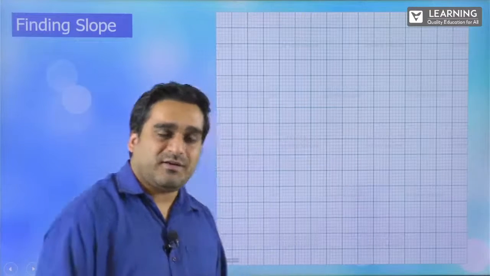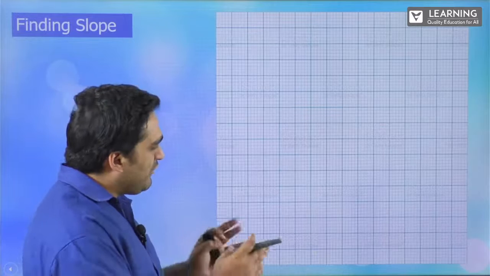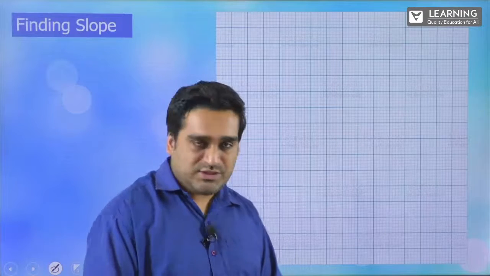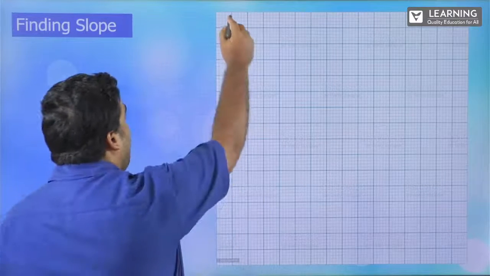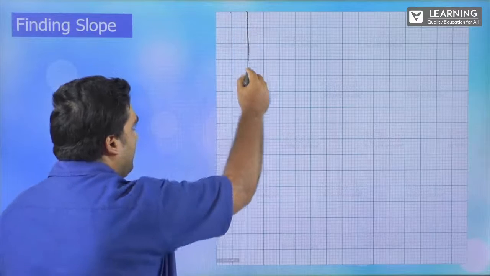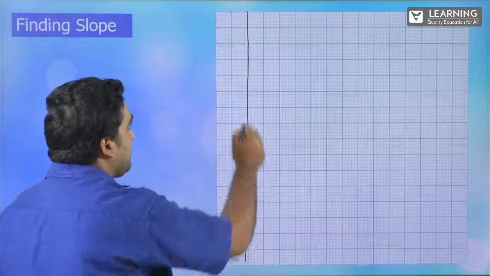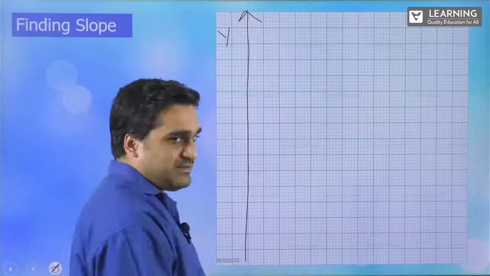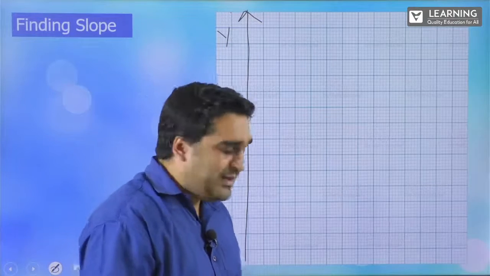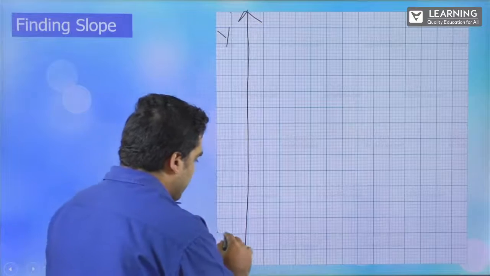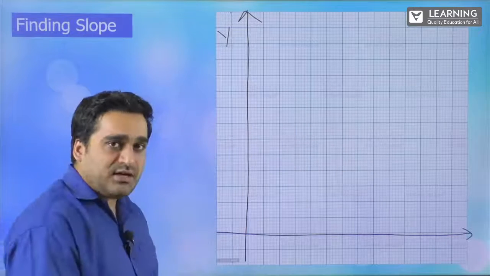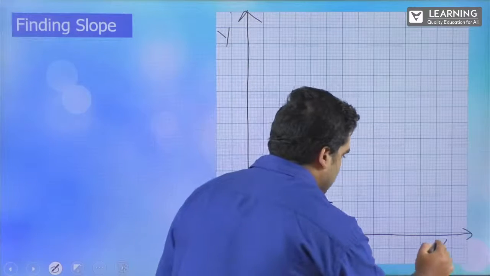So let's get started. First of all, for a given graph sheet, you draw two reference axes which are mutually perpendicular to each other. One axis is a vertical line. This axis is called the ordinate or the y-axis. Another axis is a horizontal line which is called the abscissa or the x-axis.